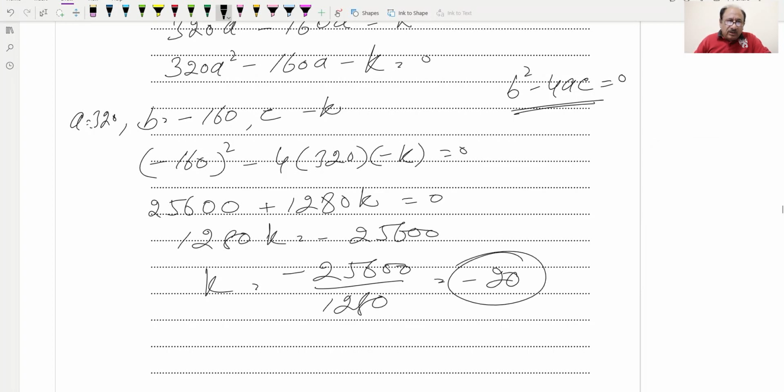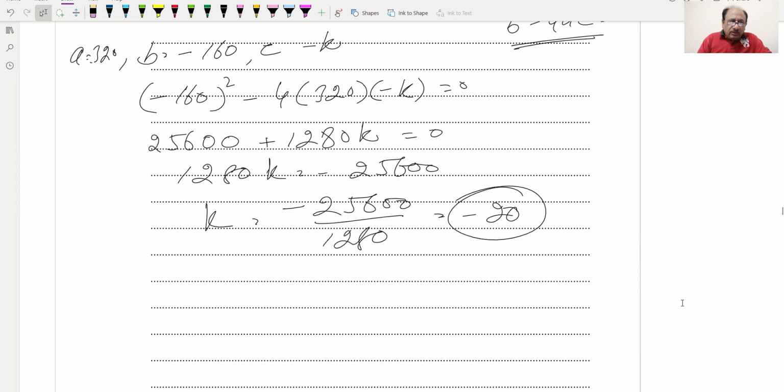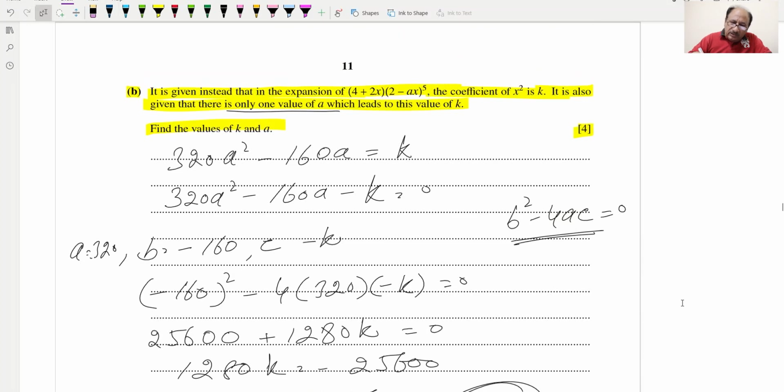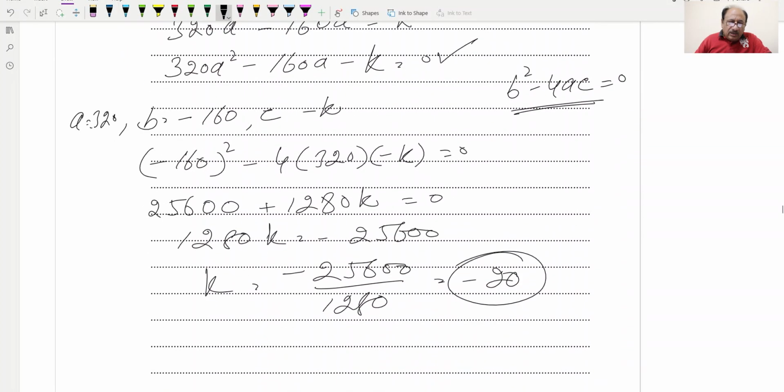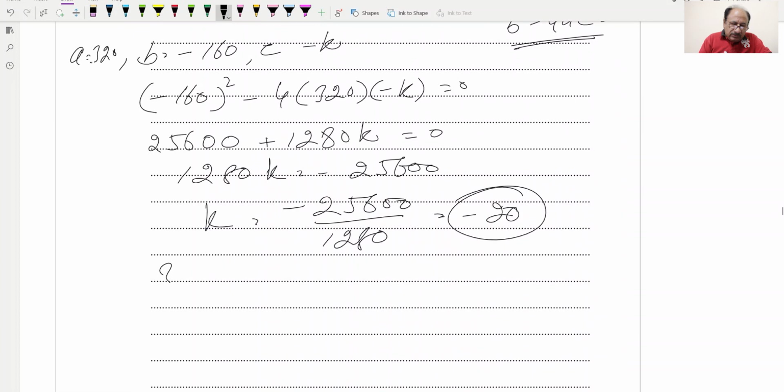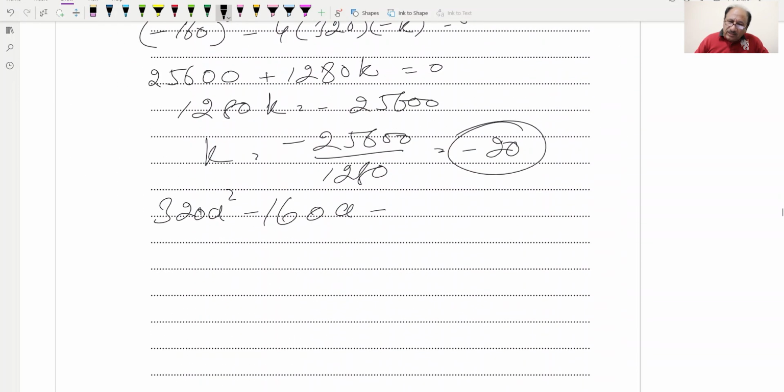This will be our k value, and we can replace it in this equation and check. 320a squared minus 160a, and this will be minus k, so minus k will be plus 20, is equal to 0.